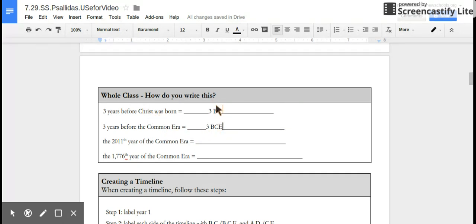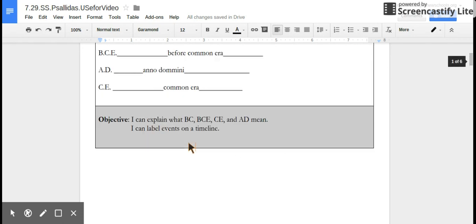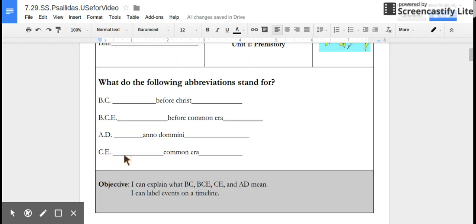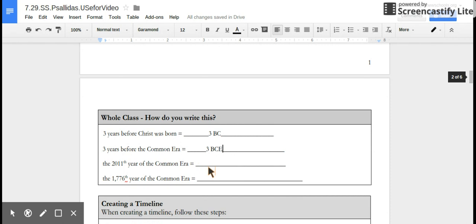So these two things are the same year. The 2011th year of the Common Era. So again, Common Era is CE. So we call that 2011 CE. And the 1776th year of the Common Era, CE.